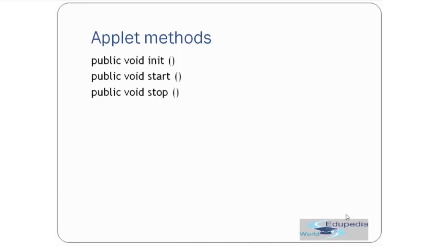Now let's see some of the applet methods. The first method is public void init. Init is a method which is used to initialize your applet. Then we have public void start to start your applet. Then we have public void stop, which is used to stop the applet. Then we have public void destroy to completely destroy or finish your applet. Then we have public void paint, which takes a parameter of class Graphics.